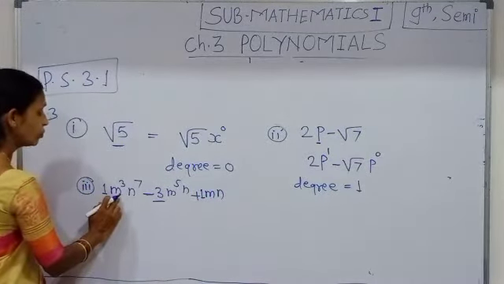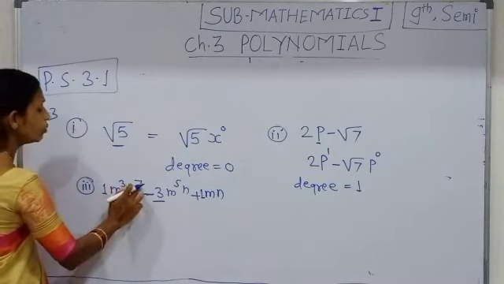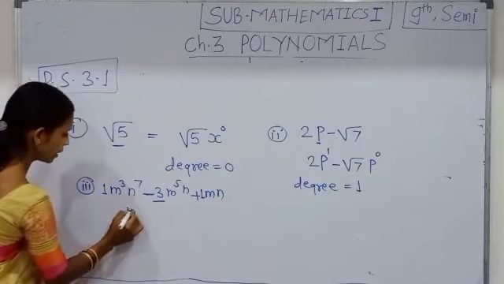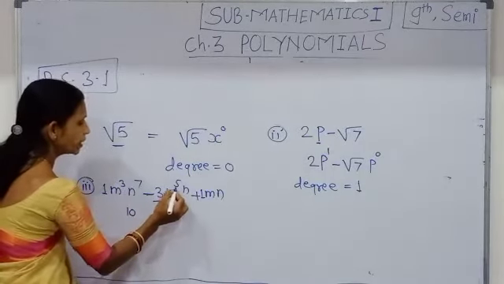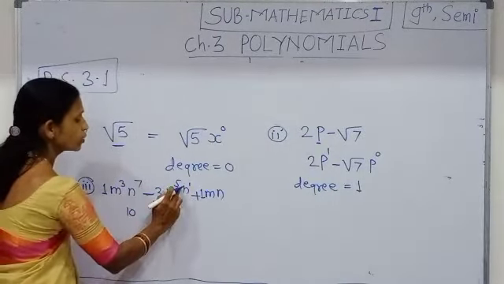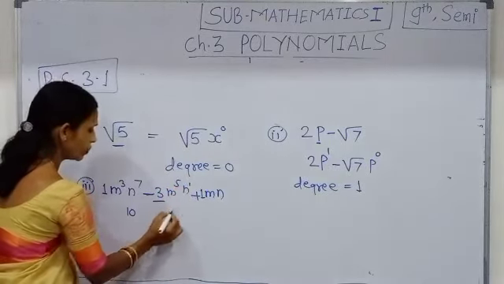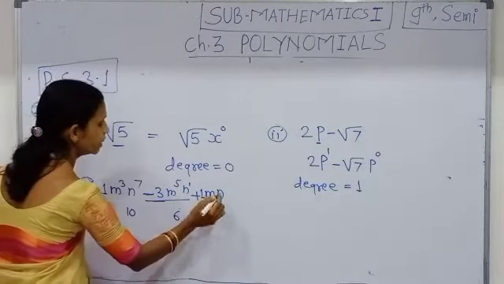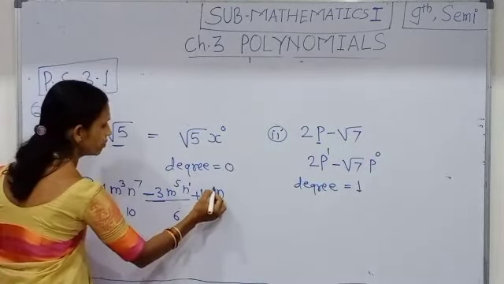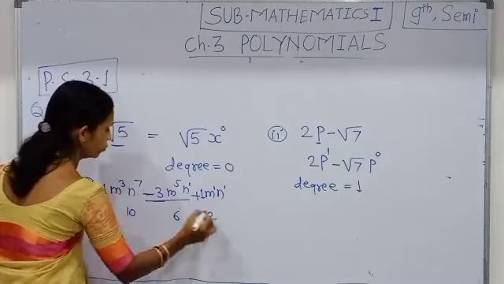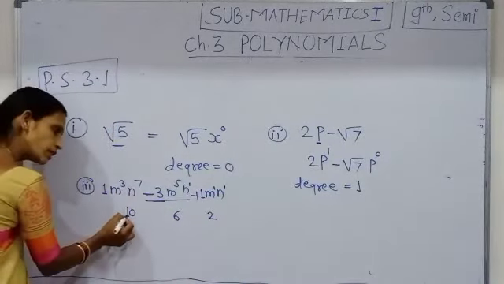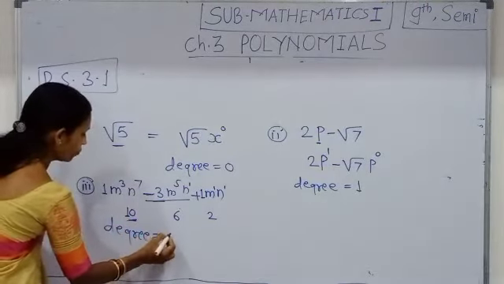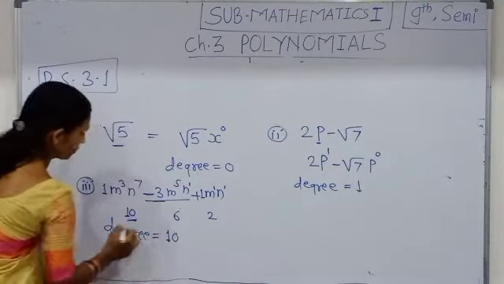Then we have to find out the degree of each term. The degree of the first term is 3 plus 7, that is 10. Degree of the second term is 5 plus 1, raised to 5 and raised to 1. Therefore the degree of the second term is 6, and the degree of the third term, that is m raised to 1 as well as n raised to 1, is 2. Therefore the highest degree is 10. Therefore the degree of the given polynomial is 10.